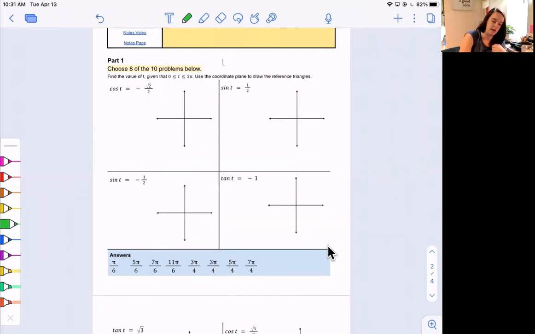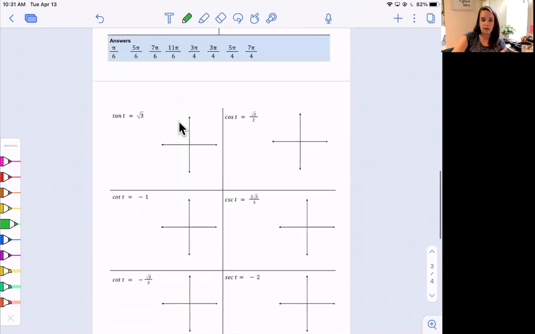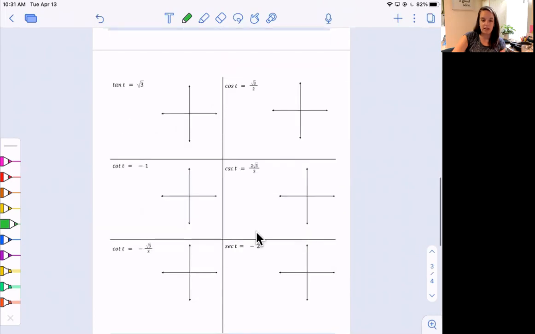I want 40 minutes to be your max. Please, I know we have some really, really high achievers in this class, but don't spend more than 40 minutes on this. You're choosing 8. So if one gets really funky and you don't know what to do, skip it and move on. All the answers are written here.